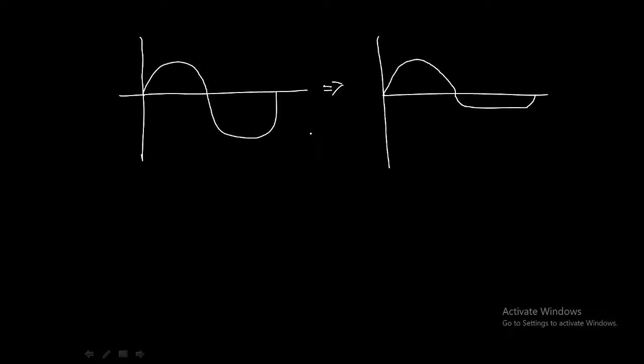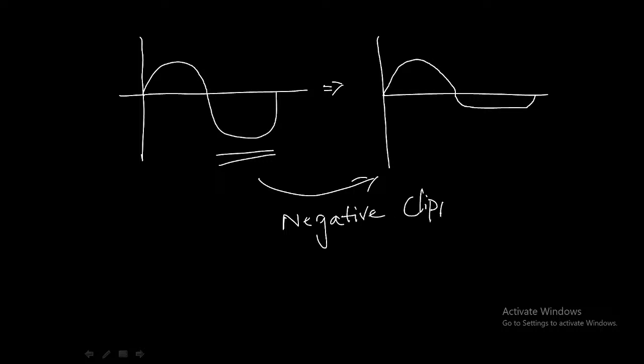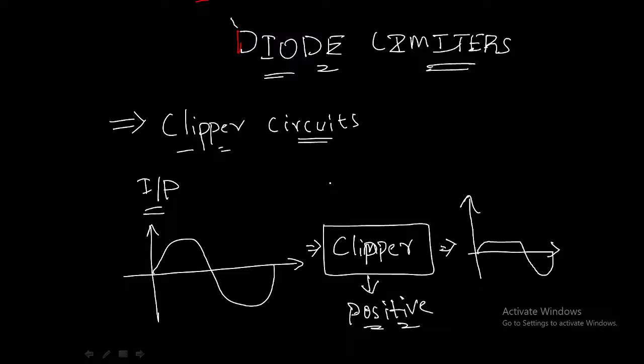The negative part has been limited or clipped off, whereas the positive part remains as it is. This operation is performed by a negative clipper or negative limiter.